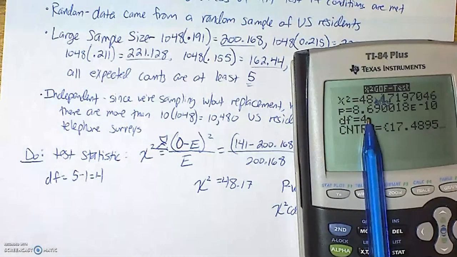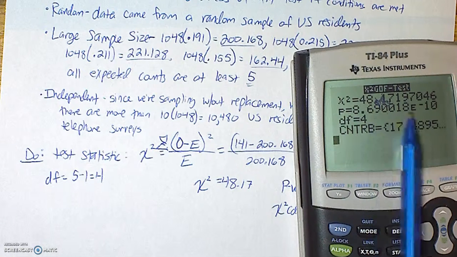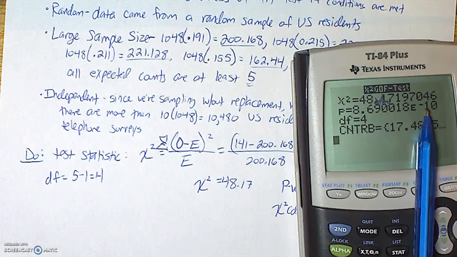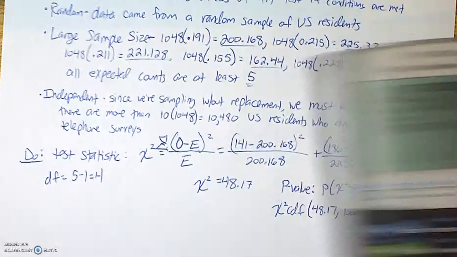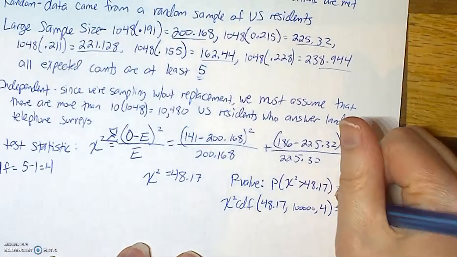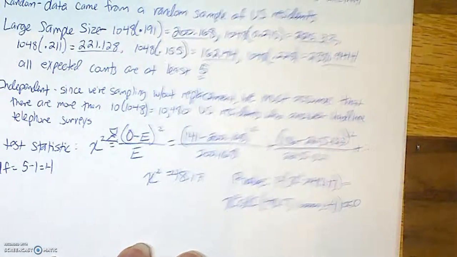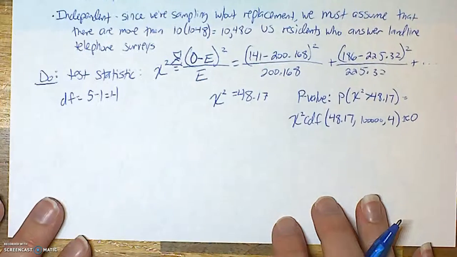That's not possible. P-value stands for probability. Oh, look at the end. This means there's like 9 zeros after your decimal place. So it's a really, really small number. So I'm going to say that my p-value is basically 0. It's really small. Okay?